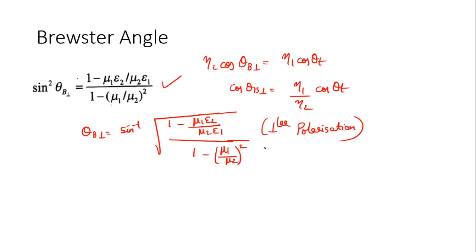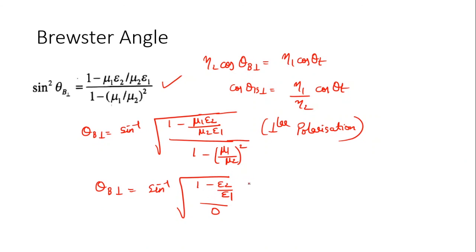And again, we know that in many cases mediums are non-magnetic in nature. So what will happen? This can be written as theta b perpendicular will be equal to sine inverse square root of 1 minus epsilon 2 by epsilon 1 divided by 0. Okay, so division by 0 means it is infinity.